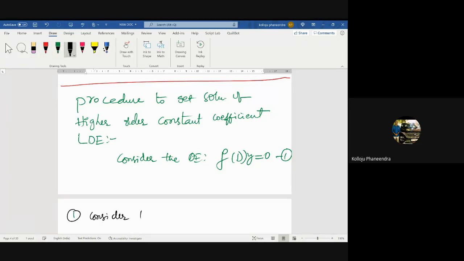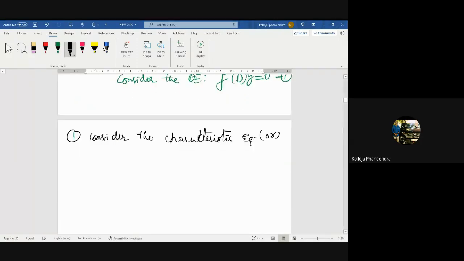Consider the characteristic equation. This is the characteristic equation, or it is also named as auxiliary equation, f of m equal to 0.